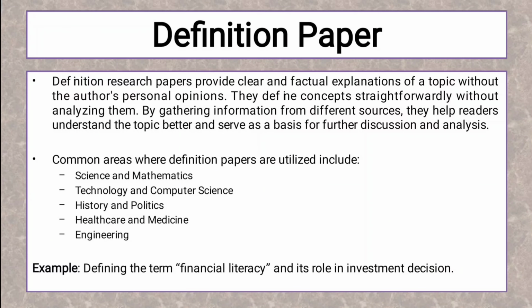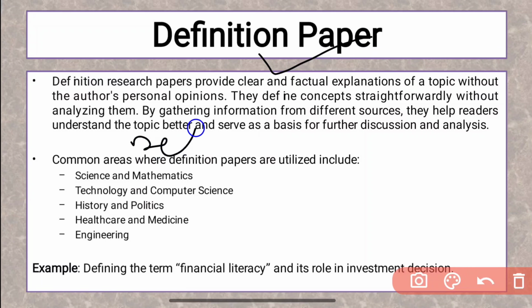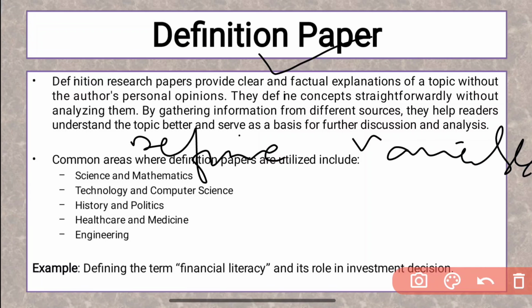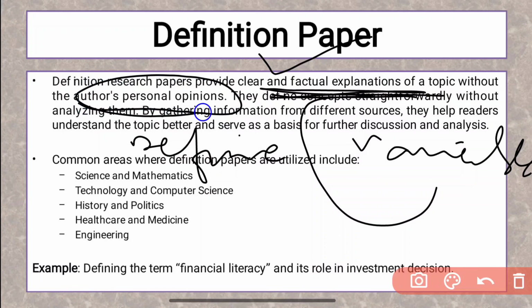Next kind of a research paper is the definition paper. As the name suggests, we try to define a variable, a particular variable or a concept, right, by collecting factual information and then explaining it without the author's personal opinion, right?